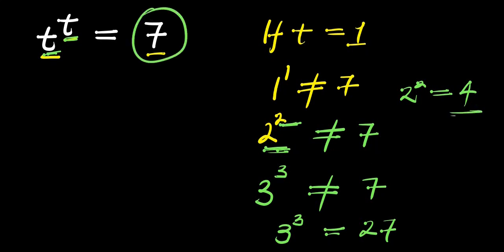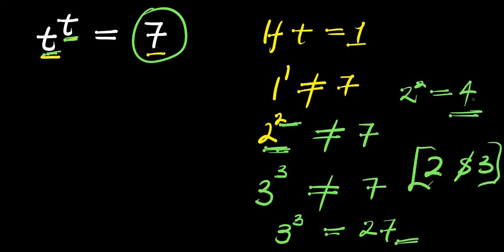This is 4 and this is 27. So the number that we are looking for is between 2 and 3, because 2 to the power of 2 gives us 4 and 3 to the power of 3 gives us 27. So the answer that we are looking for is between 2 and 3. So it falls between this range.